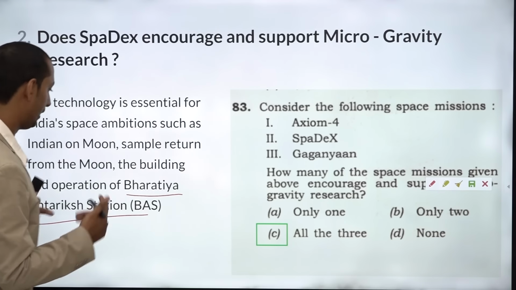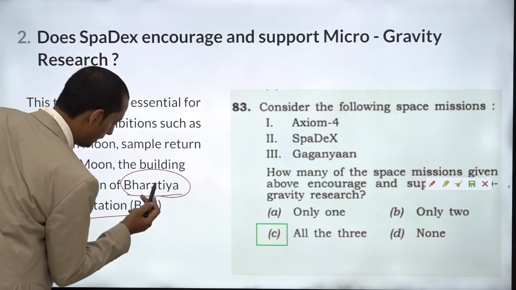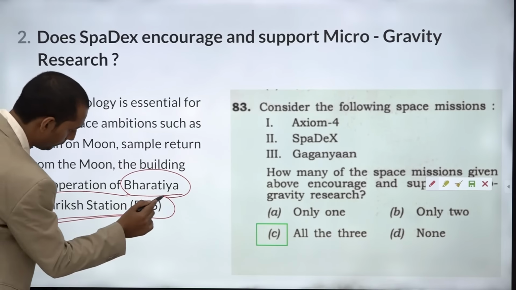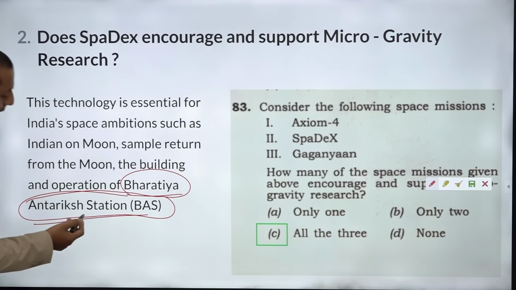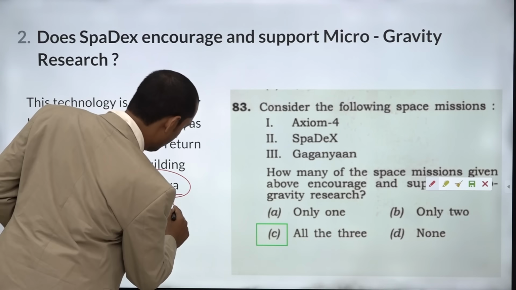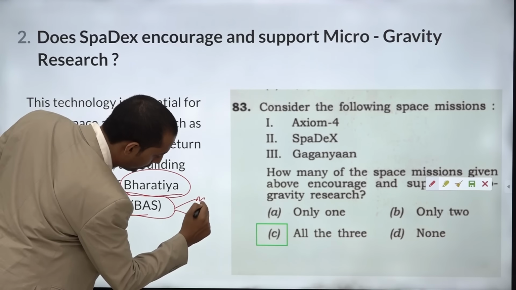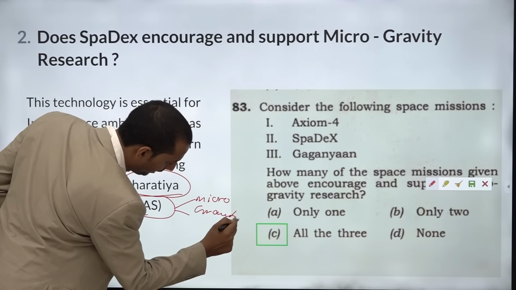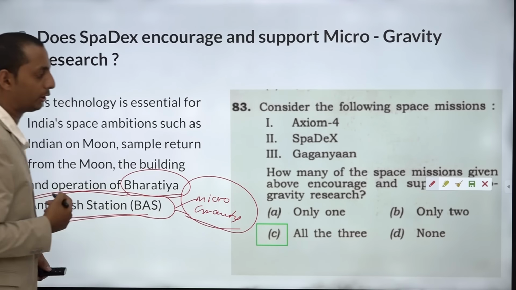So in the long term, why is SPADEX used? SPADEX is used to build our own Bharatiya Antariksh Station in the future. So in this space station, in the future, we are definitely going to conduct tests regarding microgravity.